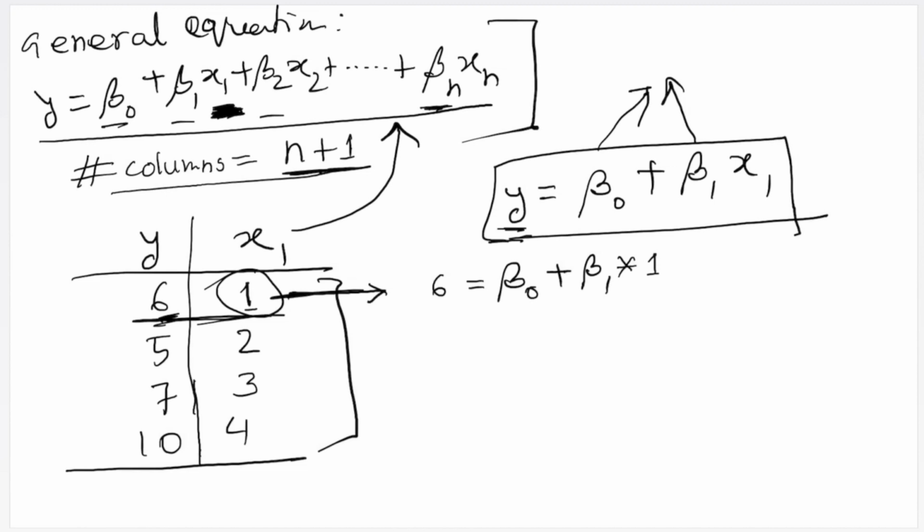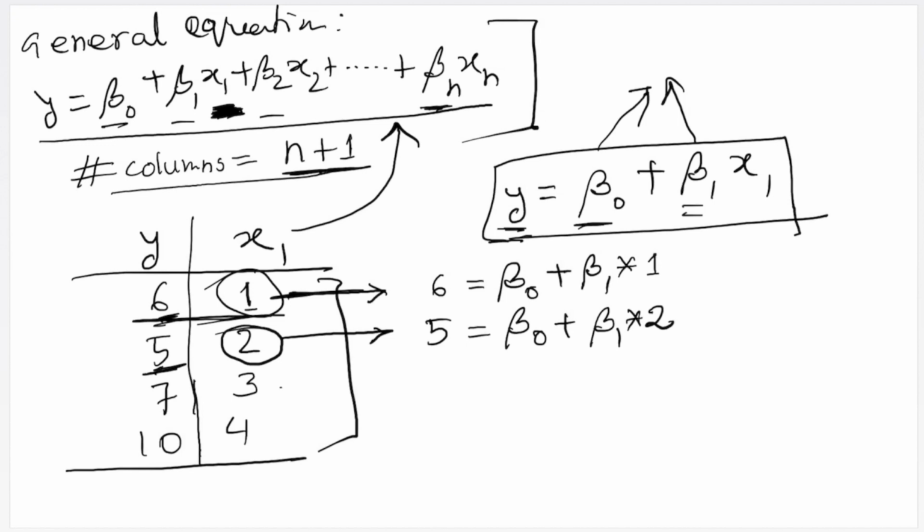Similar to this, from row 2 we come up with y, which is 5, equals beta naught, which we still don't know, plus beta 1, which we still don't know, times x1, which is 2 in row 2. Then for the third row, we have 7 equals beta naught plus beta 1 times 3.